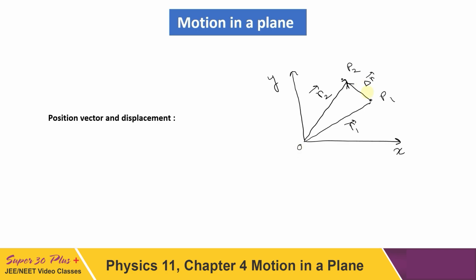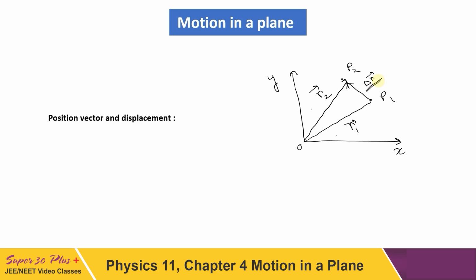And this delta r should be independent of where we are taking this reference. It can be here or anywhere we can take the reference. Delta r has to be the same because it has nothing to do with what was the initial or final position vector from a particular point. The only difference between these two vectors will give the displacement vector delta r.